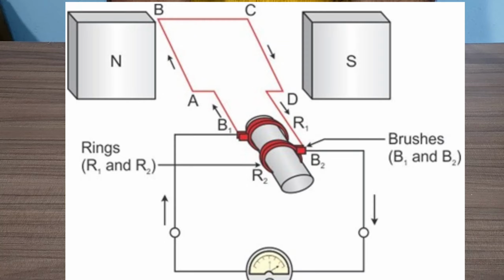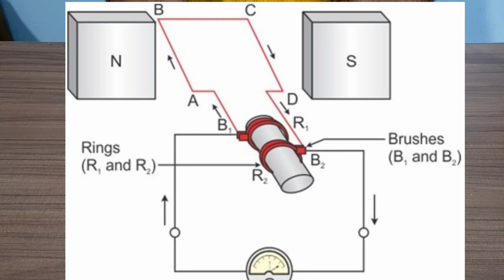In the external circuit, the current flows from B2 to B1 through the galvanometer. If instead of one loop, a coil consisting of several turns is used, a current of several times the magnitude flows. After half a rotation, the branch AB takes the place of branch CD, and the branch CD takes the position of the branch AB.